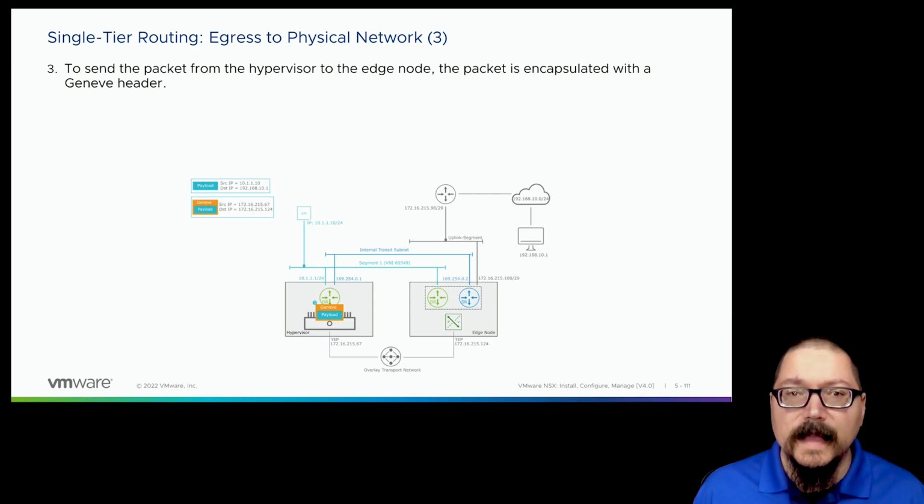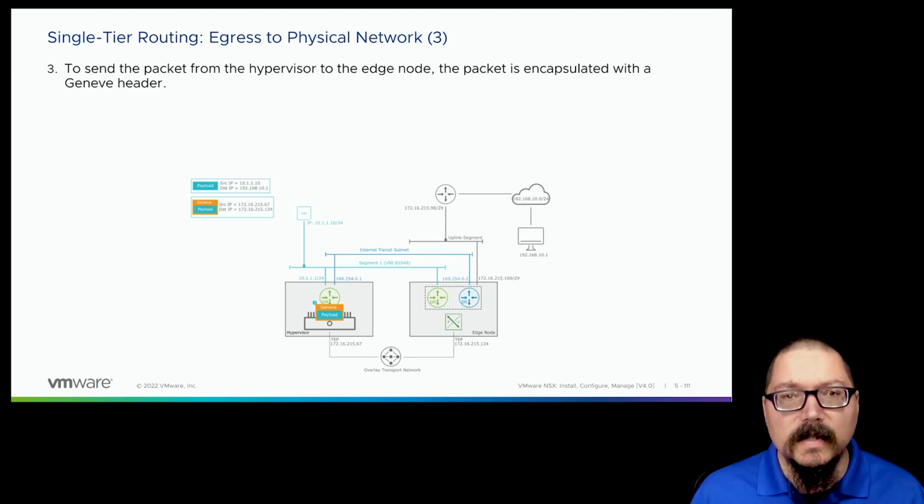When that packet destined for 169.254.0.2 gets to the logical switch, gets to the virtual switch, we're going to do a lookup on the destination MAC address. The destination MAC address is going to show up as serviced by the tunnel endpoint on the edge transport node, because that's where the service router lives. That's where that interface is connected.